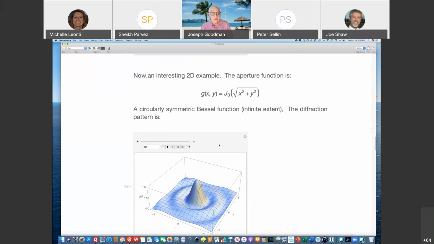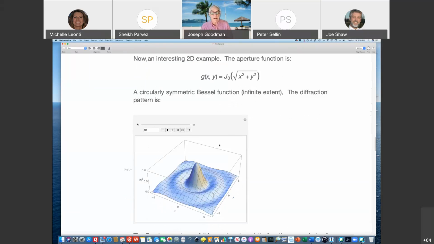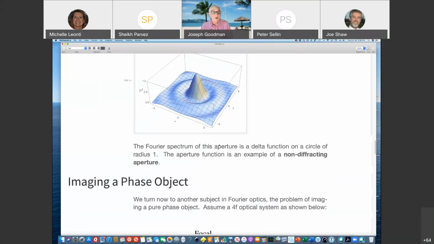Well, this is an interesting aperture distribution that is a non-diffracting aperture. This aperture function produces a diffracted field that does not spread, and so it's sometimes called a non-diffracting aperture.